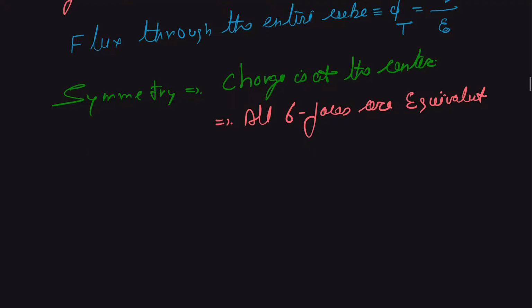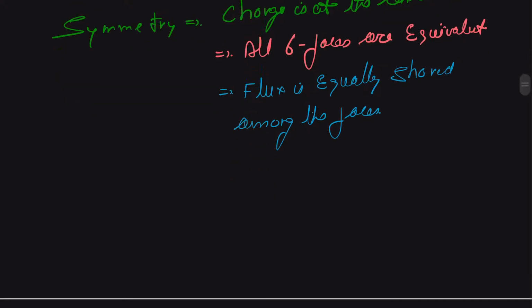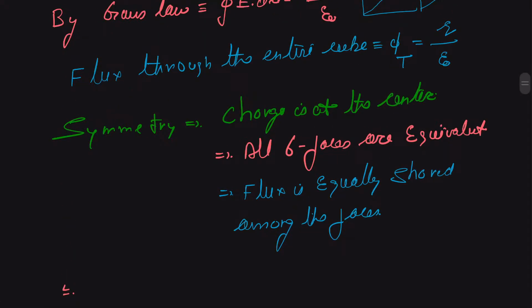Or you can further write that all flux is equally shared among the faces. Therefore, there are a total of 6 faces and total flux is our phi t.